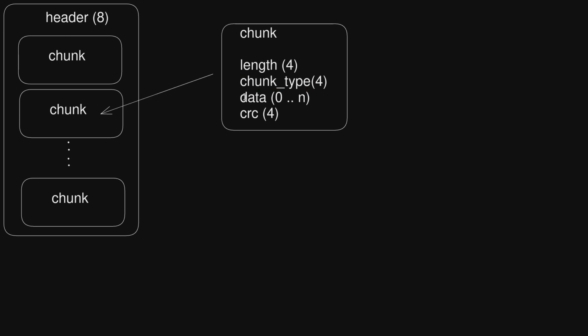After that, we have the data, which has variable length from 0 to whatever, and the length, of course, is defined here. And after that, we have the cyclic redundancy check number, which is also 4 bytes. In this video, we're going to be implementing this as a Rust type in our library.